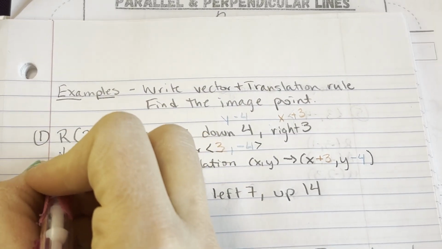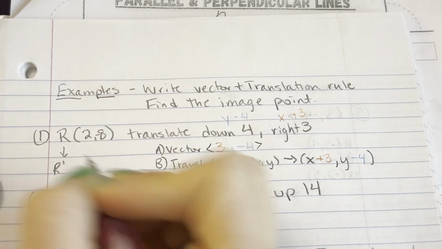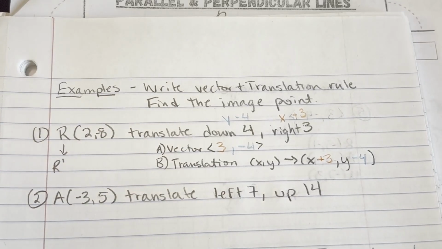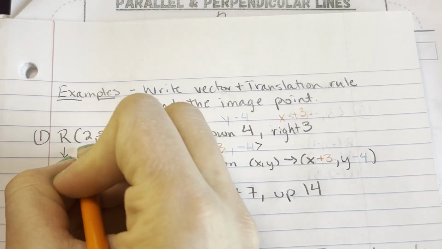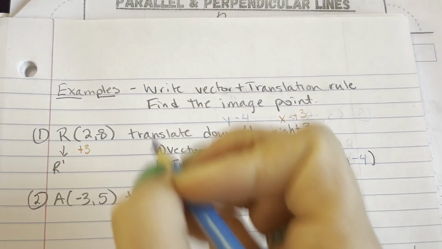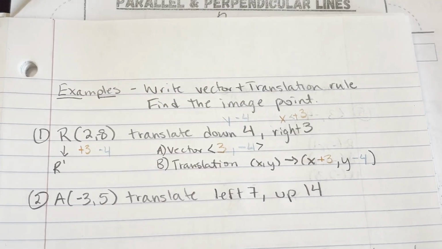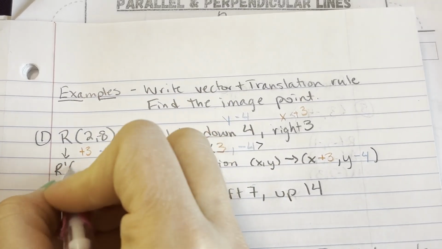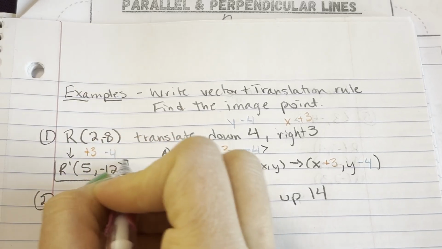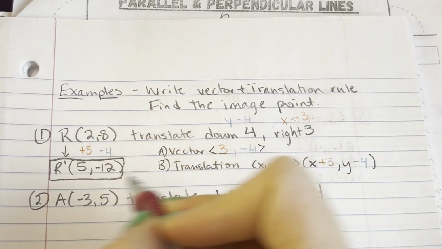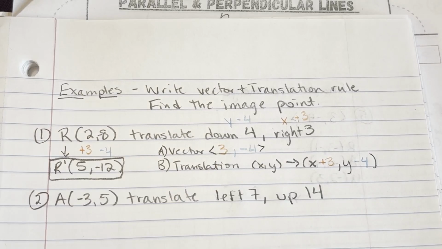So that means that we're going to have R prime, okay? And once again, we're going to use that information that was given to us. We are going to add 3 to our X value. We are going to subtract 4 from our Y value. Therefore, we get 5 comma negative 12 is my R prime. So we did the vector rule, the translation rule, and actually found our new image point.